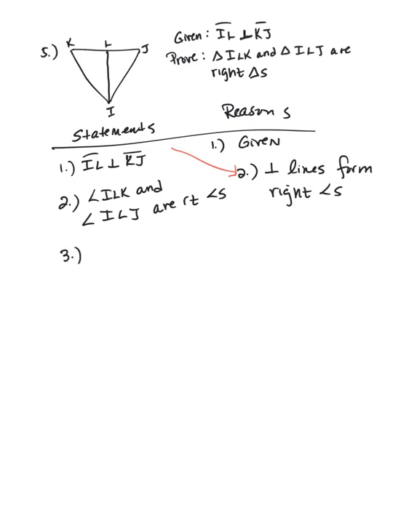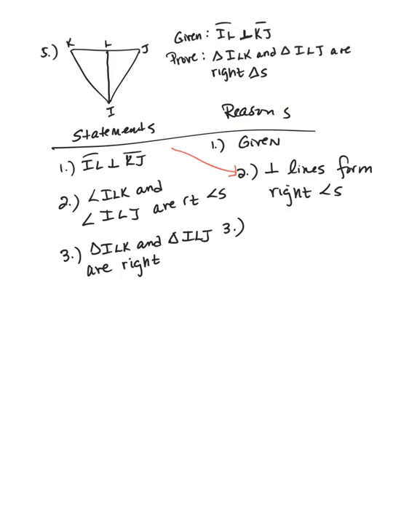So, number 3, since I have right angles here, I could say that triangle ILK and triangle ILJ are right triangles. In questions 3 and 4, I wanted to prove angles were congruent. So after I had my right angles, I said that the angles were congruent because all right angles were congruent.